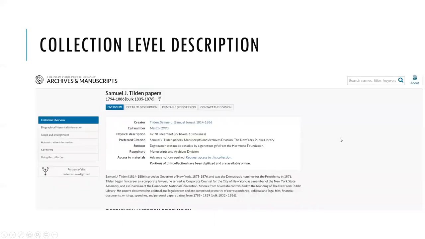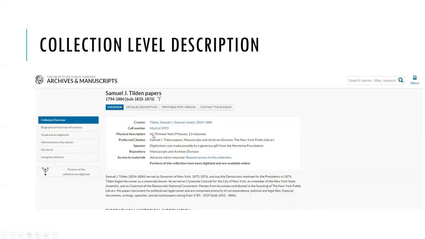So this is a collection from the New York Public Library Archives and Manuscripts. So this is the Samuel L. Tilden papers. So collection level description would look like this. There'd be very general information about the collection.